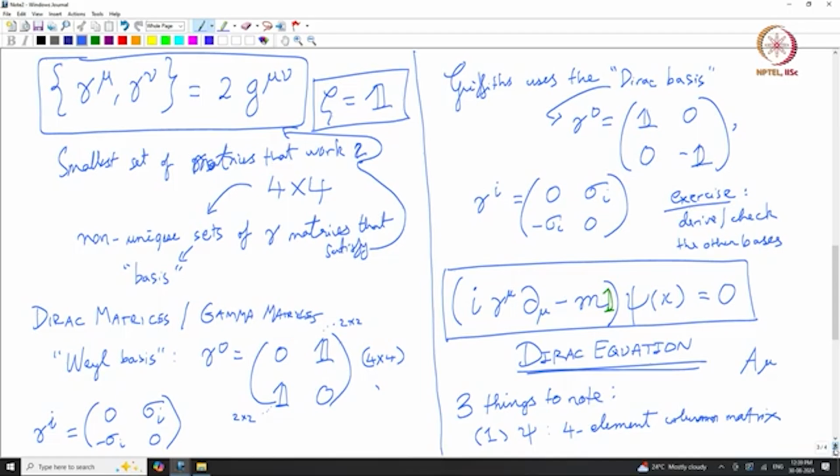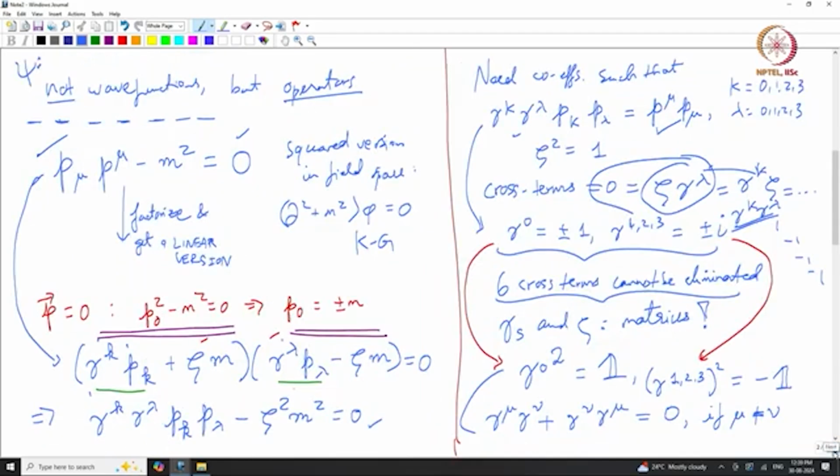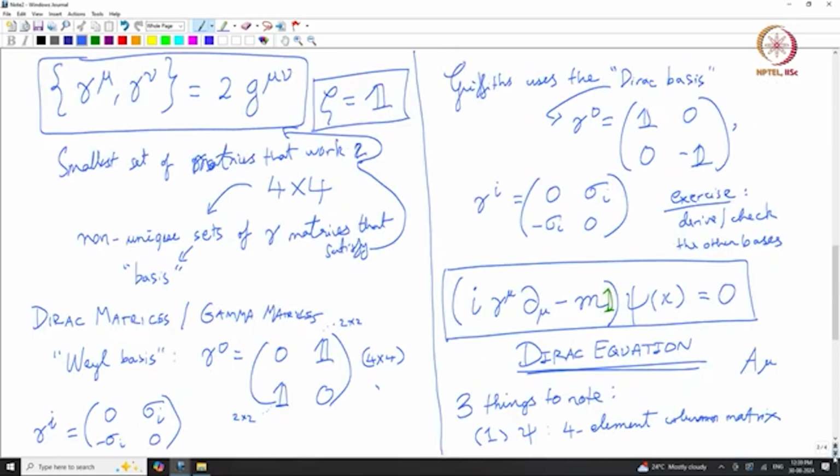And to do that we tried to linearize the special relativity equation, or the Klein-Gordon equation if you want to put it that way, and saw that forced upon us certain matrices that had some special properties like this, right? There were any number of bases that you could have chosen for these matrices, and we are going to work in the Weyl basis.